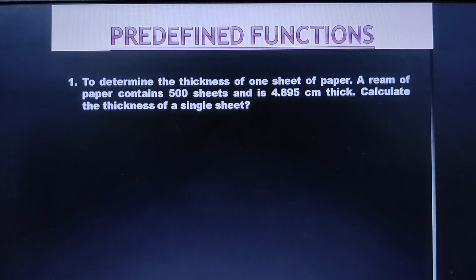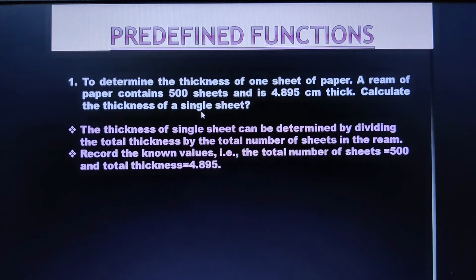To determine that, we need to divide the total thickness by the total number of sheets in the given bundle. So this is how we have to write the formula in an Excel sheet.